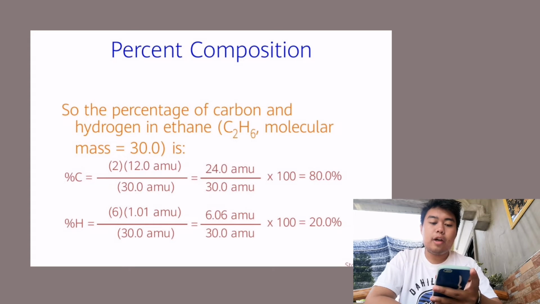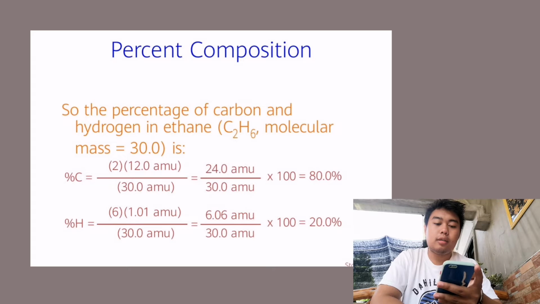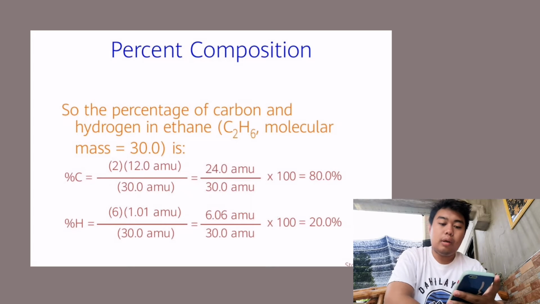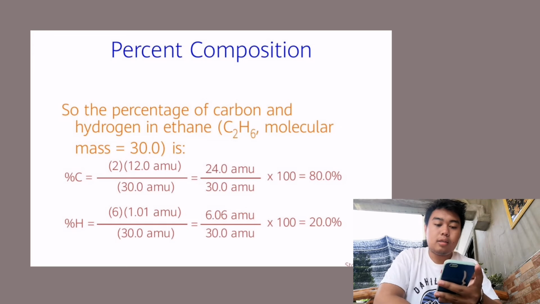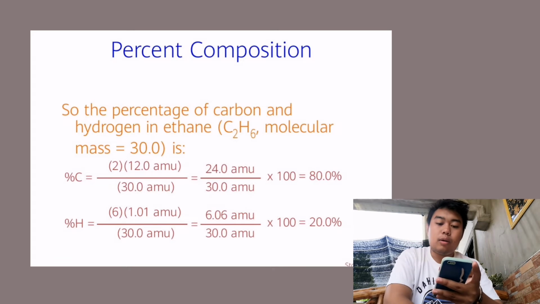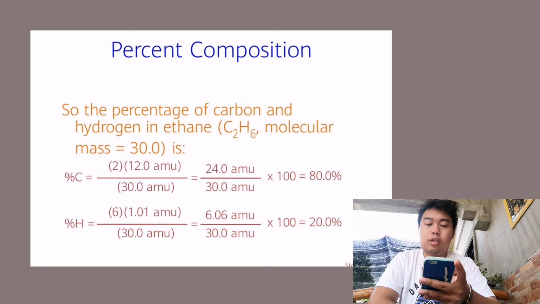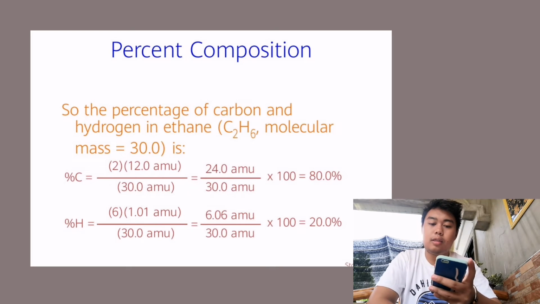So the percent of carbon in ethane, C2H6, molecular mass equals 30, is C equals 2 times 12.0 amu divided by 30 amu equals 24.0 amu divided by 30 amu times 100 equals 80%.